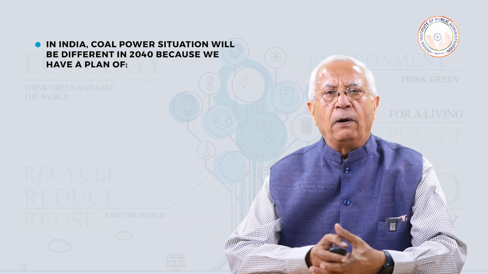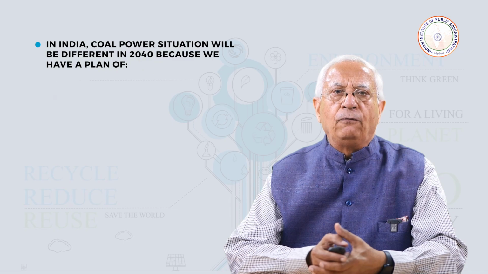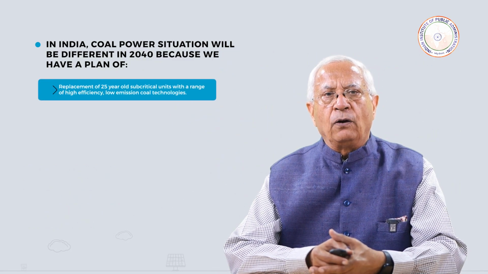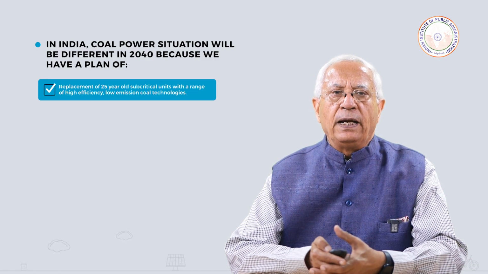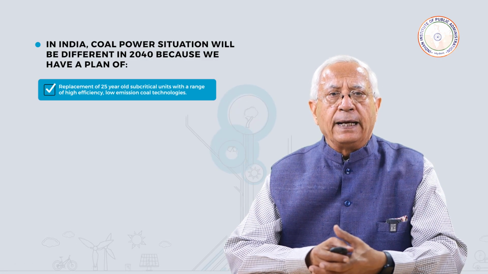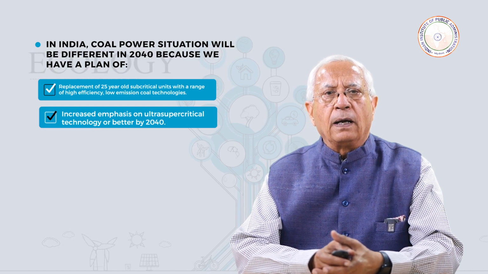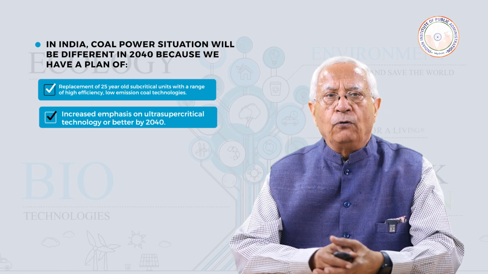In India, the coal power situation will be different in 2040 because we have a plan for replacement of 25 year old subcritical units with a range of high efficiency, low emission coal units. Second, increased emphasis on ultra supercritical technology or even better by 2040.